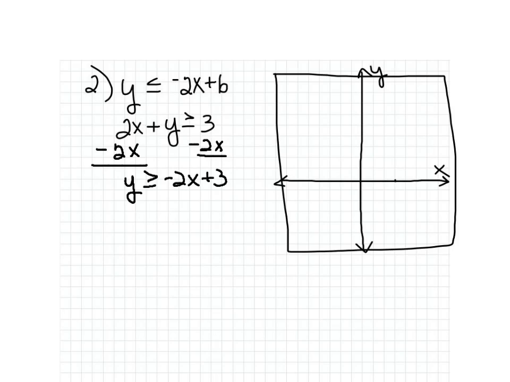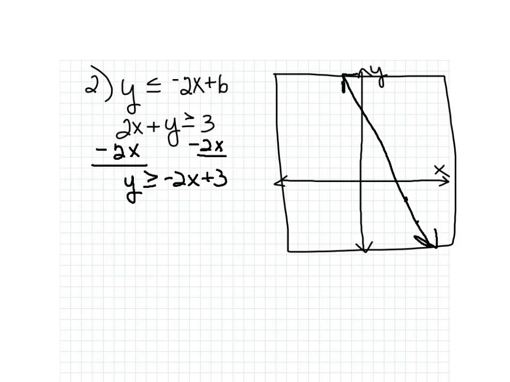y is less than or equal to negative 2x plus 6. So positive 6 is my y-intercept. So I'll place a point there. And then my slope is negative 2. Okay, in this case, I am going to draw a solid line since it's less than or equal to, right through my points.